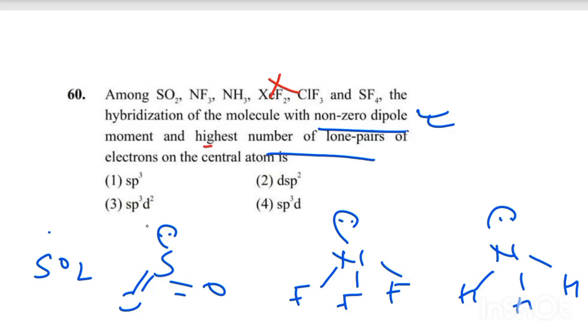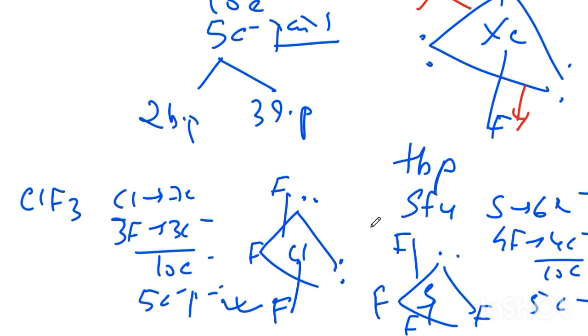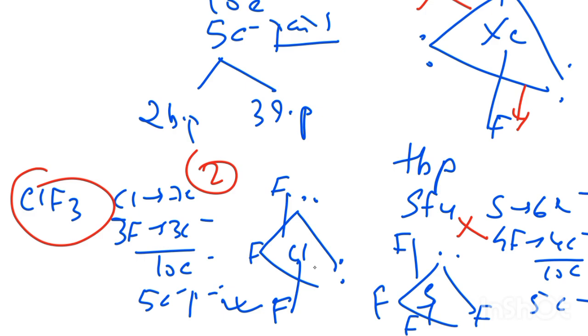We have to find the molecule with the highest number of lone pairs. So there is one lone pair in each. In ClF3 there are two lone pairs, and in SF4 there is one lone pair. So we have to find the hybridization of ClF3.